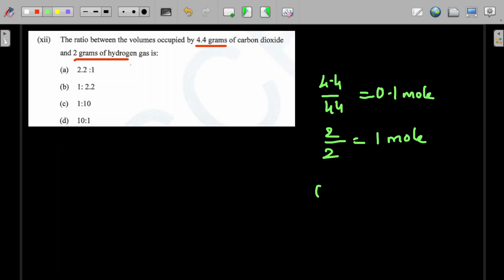So the ratio will be 1 is to 10. Okay, same. So again we found the ratio between the moles. Same thing, you simplify it, multiply by 10. So here 1, here 10.